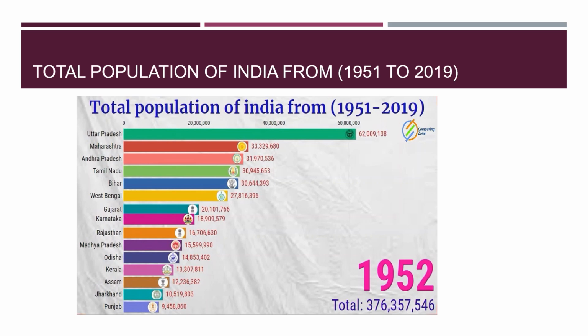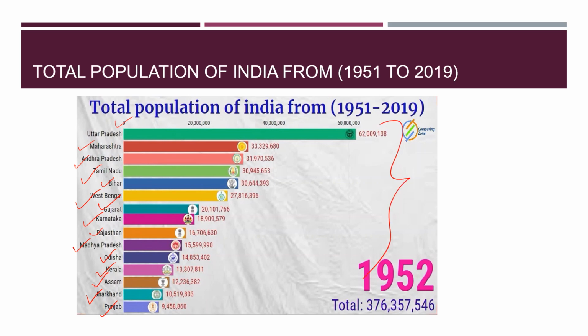On the highest side we can say Uttar Pradesh, Maharashtra, Andhra Pradesh, then comes Tamil Nadu, Bihar, West Bengal, Gujarat, Karnataka, Rajasthan, Madhya Pradesh, Odisha, Kerala, Assam, Jharkhand and Punjab. From the highest to the lowest densely populated state, we have arranged that. So this was taken from the year 1951 to 2019. So this is the data.